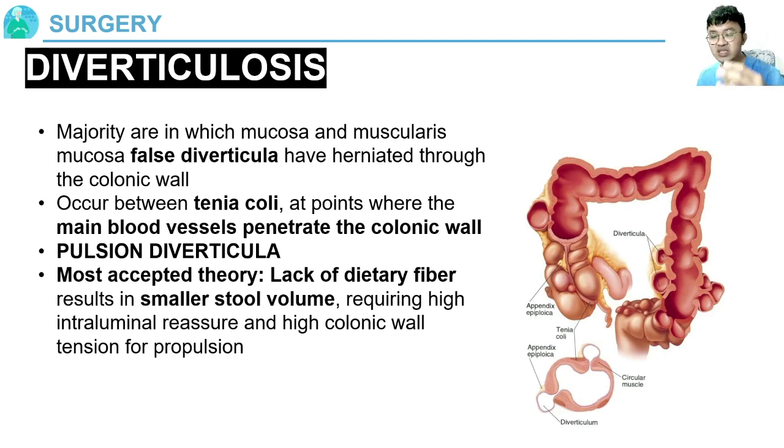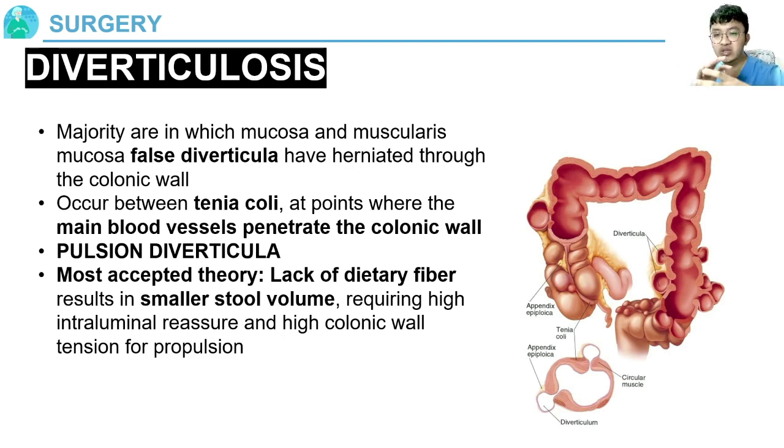So it might seem a bit counterintuitive that diverticulosis is caused actually by small stools. However, try to think that the colon cannot push small stools into the anus, so it needs to make the small stools into bigger stools in order to push them. In order for it to make bigger stools, it's going to need more pressure.